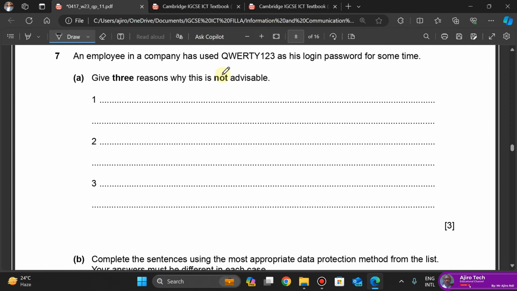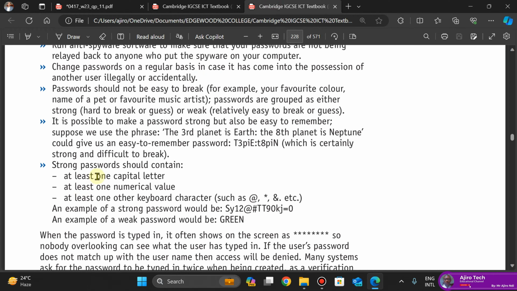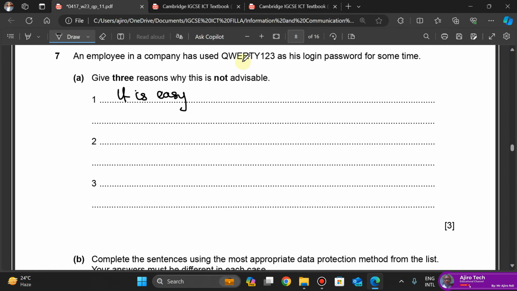One, looking at this password, it is not strong. So one of them is it is easy to guess. There's no what makes a strong password. Look at it. One capital letter, one numerical value, one keyboard character, at least. So here you're having all caps, no small letters, no special characters. So it's easy to guess.